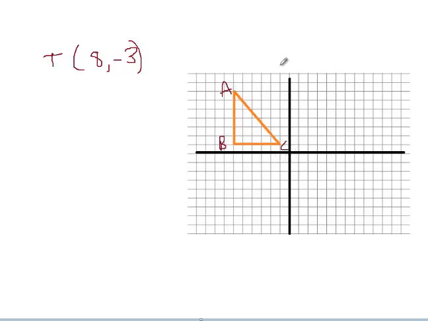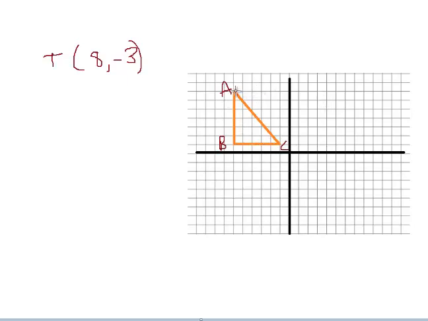And the way we're going to do this is we're going to keep the dimensions the same. So let's count the height and the base. The height is 1, 2, 3, 4, 5, 6, and the base is 1, 2, 3, 4, 5. So we're going to keep those the same, but let's move the whole thing over 8 and down 3.